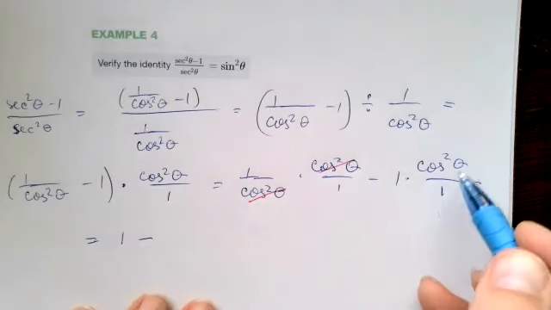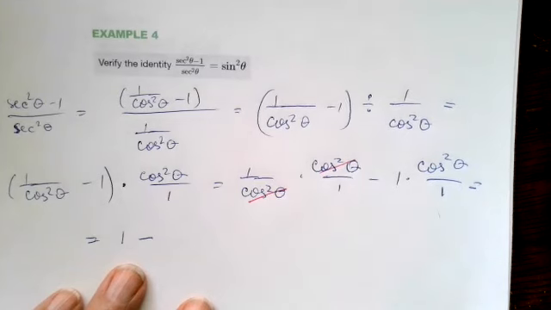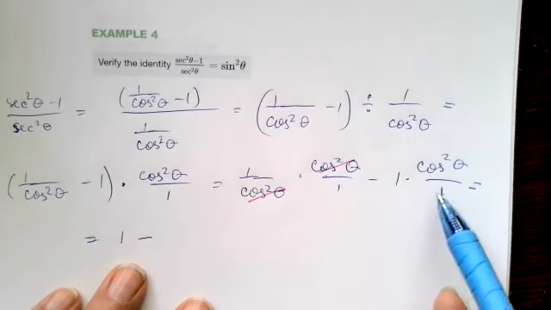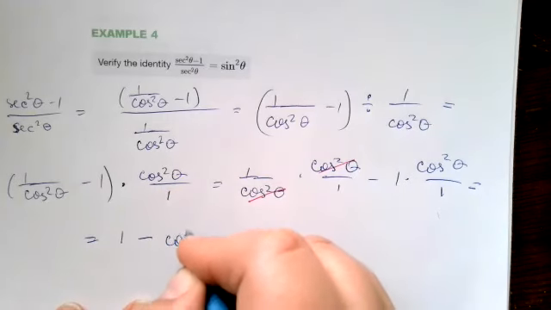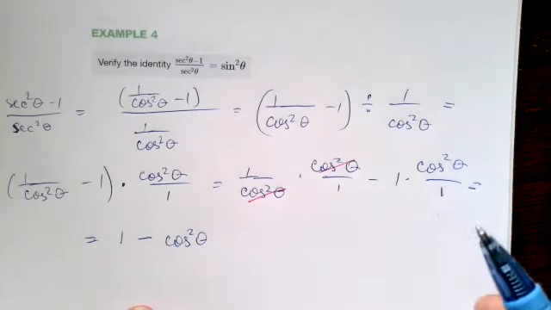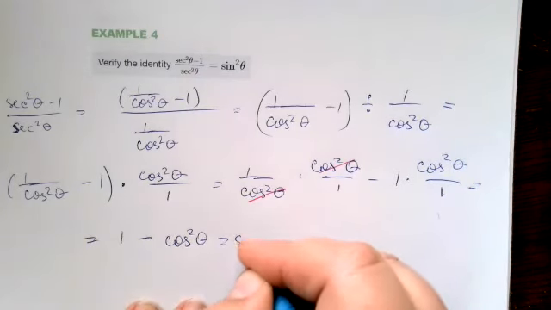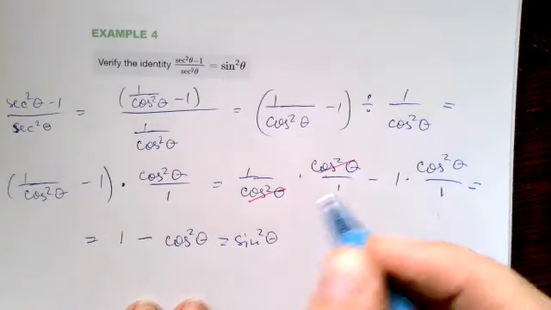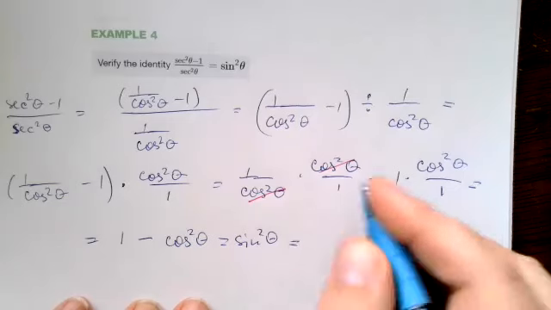And now what do we have here? This is just a cosine squared theta, right? So what is 1 minus cosine squared theta? Well, the Pythagorean identity tells us it's sine squared theta, and that's exactly the right side of our identity.